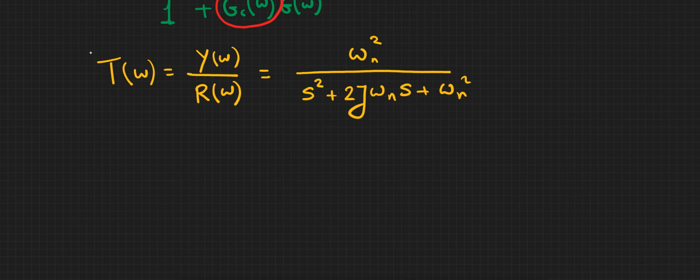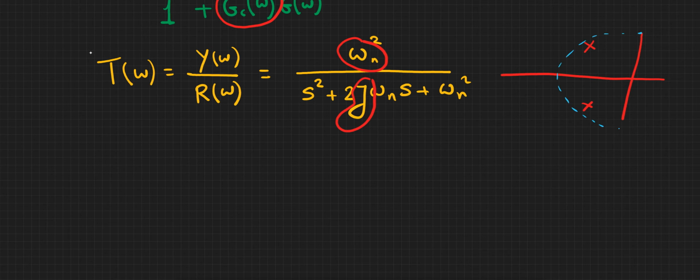So if we write the transfer function in this formula, we have two very important characteristics, which are the natural frequency of the system and the damping ratio, and we already discussed how these are related to the location of the poles and zeros in the S-plane, and how that is related to both zeta and omega n.